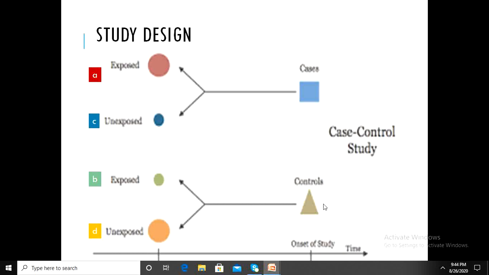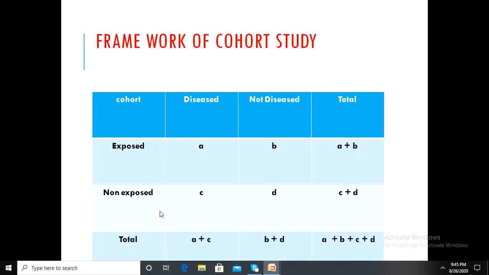And the controls which are exposed are labeled as B, and the controls which are unexposed are labeled as D. So the construction of the table is again the same, 2 rows and 2 columns.